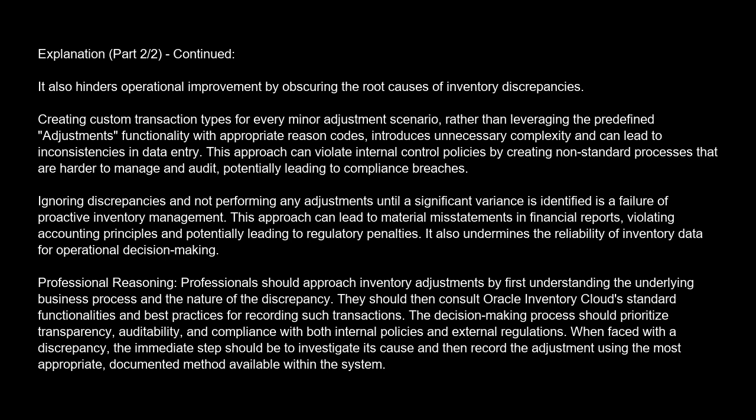Creating custom transaction types for every minor adjustment scenario, rather than leveraging the predefined adjustments functionality with appropriate reason codes, introduces unnecessary complexity and can lead to inconsistencies in data entry. This approach can violate internal control policies by creating non-standard processes that are harder to manage and audit, potentially leading to compliance breaches. Ignoring discrepancies and not performing any adjustments until a significant variance is identified is a failure of proactive inventory management.